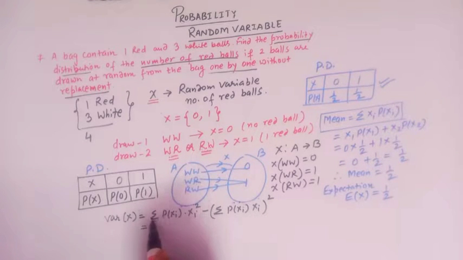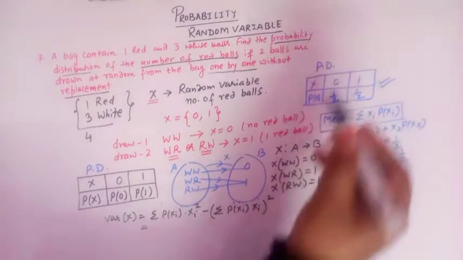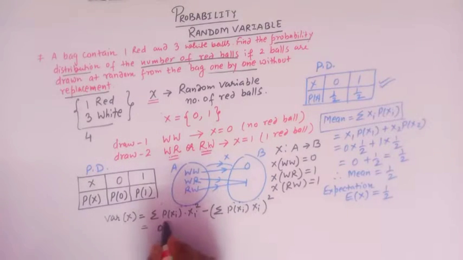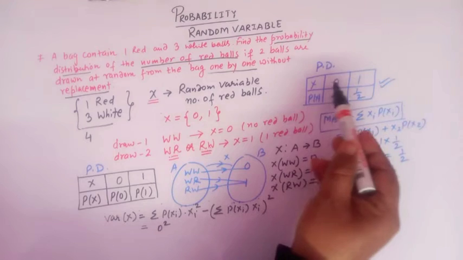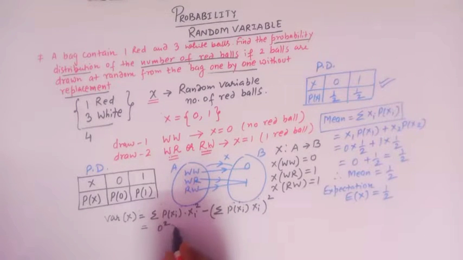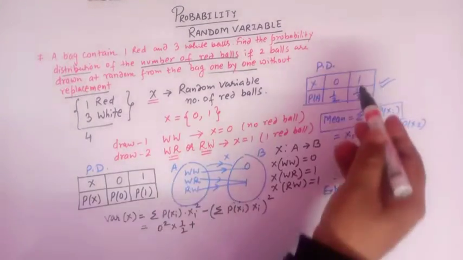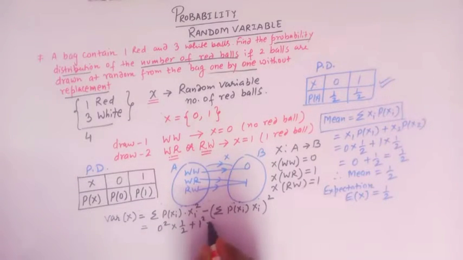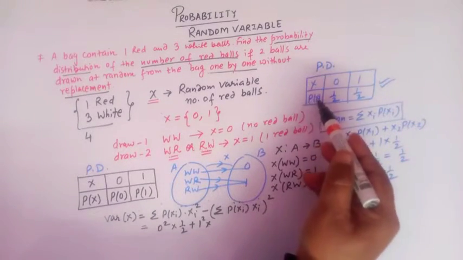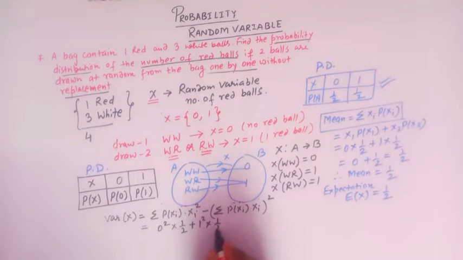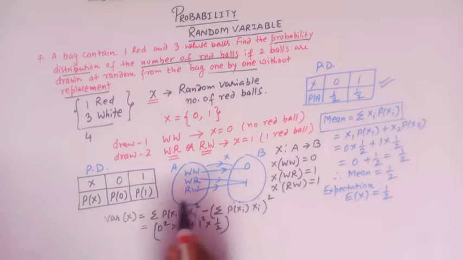So here sigma of P(xi) times xi square is given by 0 square times P(x1), and P(x1) is half, then we have 1 square times P(x2), which is half, right? So this is the value of this term.